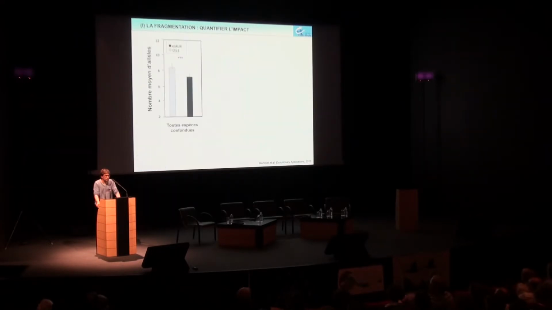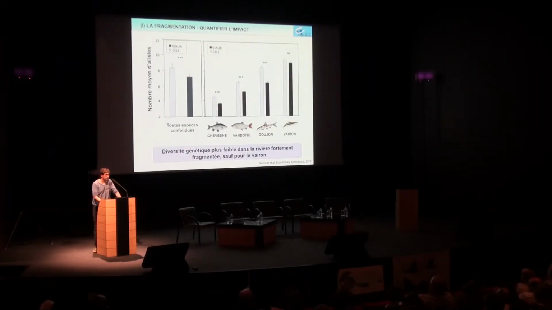And we obtained genetic data for each species, for each allele, on this graph. So for the fragmented river and the non-fragmented river in gray, you can observe for all the species a reduction of the allelic wealth.